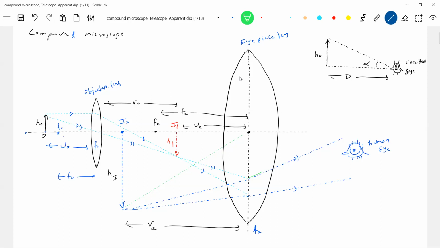H1 should come here. In that way, the rays. I'll adjust the things.